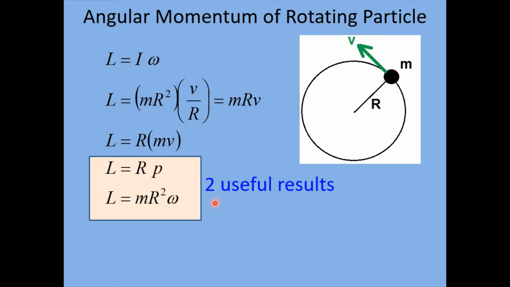The other useful result, again, by using this relationship between omega and v, is that L is equal to mr squared omega. So there may be instances in this chapter, either in the problems we're going to do today in this lecture, or perhaps in the homework, where you may have to use this result.